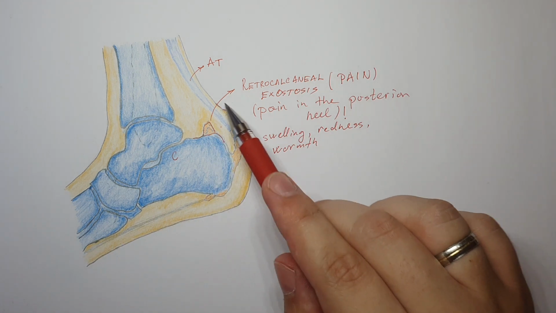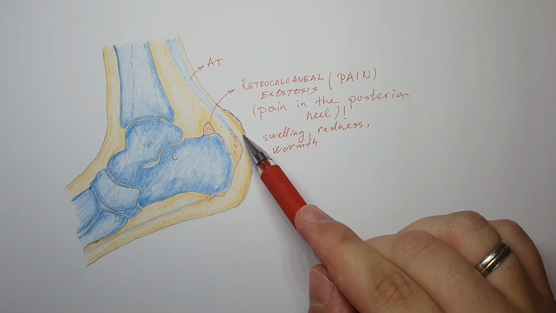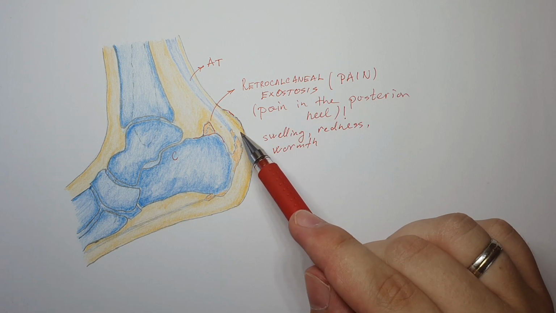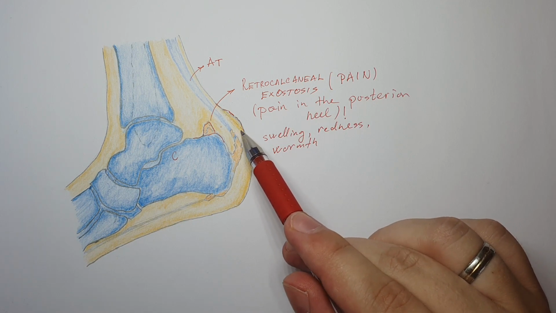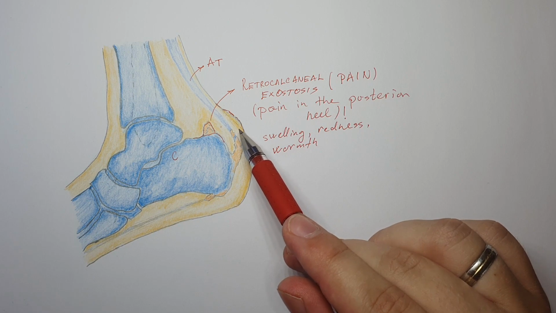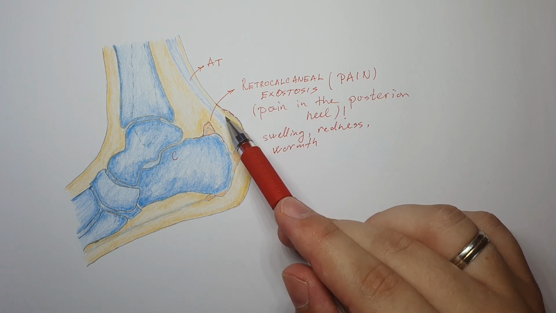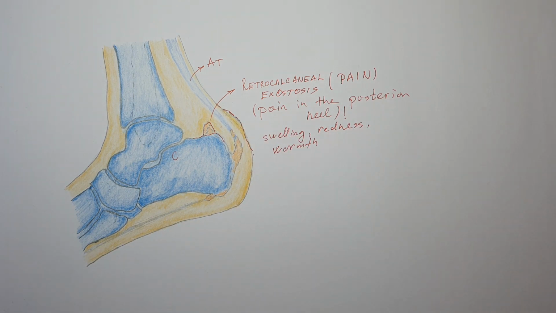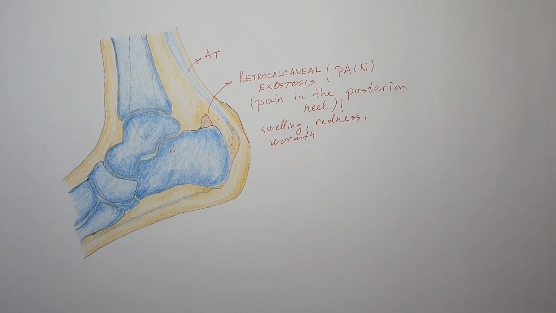Even if we see the region, we can see a little bump. If it is chronic, we will not see much swelling or even none, and no redness. But if we push here, there will be marked pain on palpation. So this is fairly easily diagnosed as Haglund's deformity.